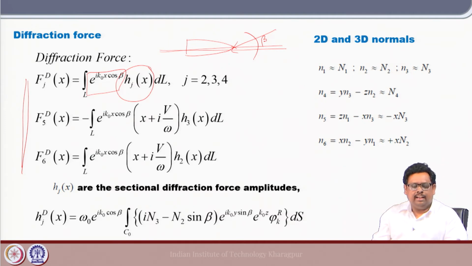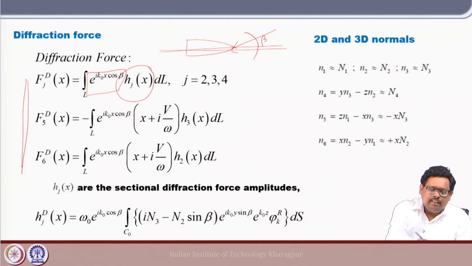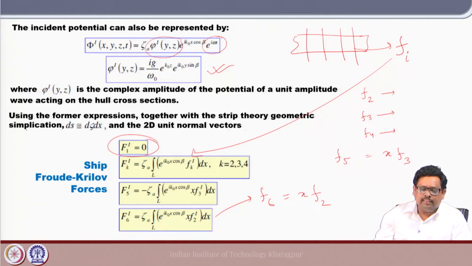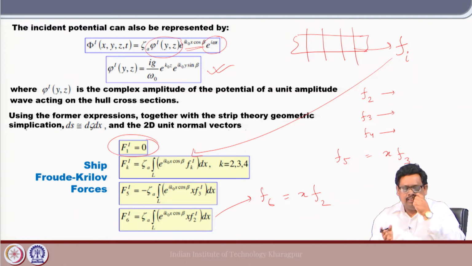Therefore, at some particular section it is not simply x, it should be this one. We already know this, so just go back here. That is how we have defined this sectional fluid force.